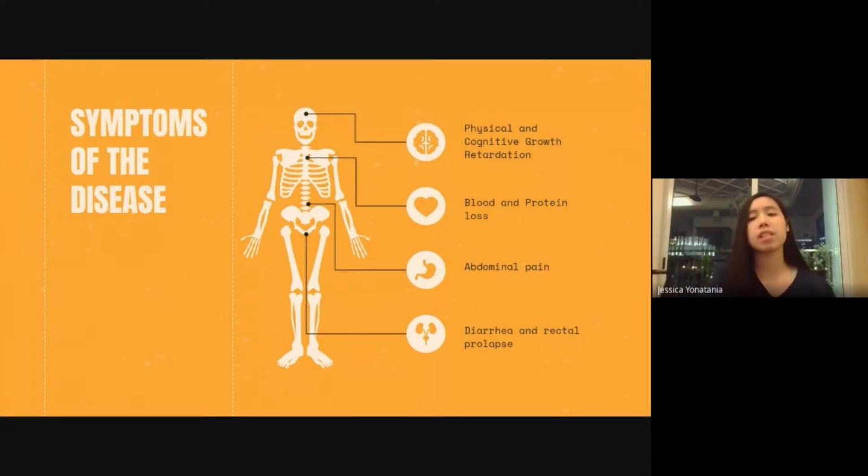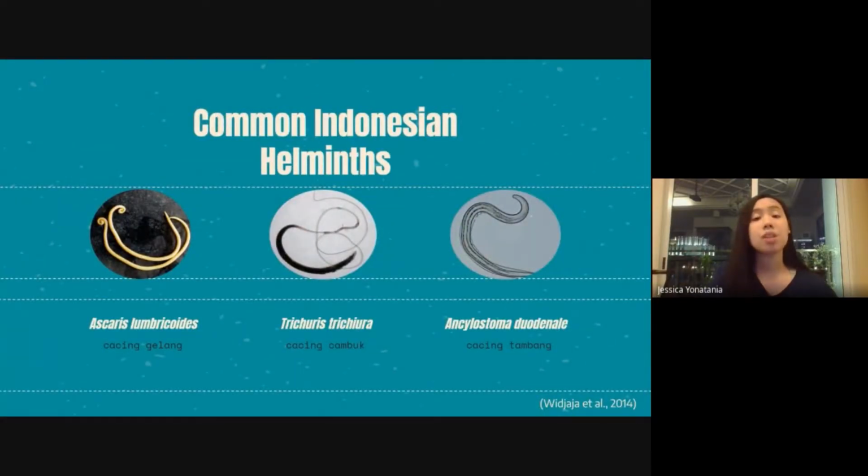It includes physical and cognitive growth retardation, blood and protein loss, abdominal pain, and also diarrhea and rectal prolapse. So, the helminthial worms that were focused upon were Ascaris lumbricoides, otherwise known as cacing gelang, Trichuris trichiura, otherwise known as cacing cambuk, and also Ancylostoma duodenale, otherwise known as cacing tambang.